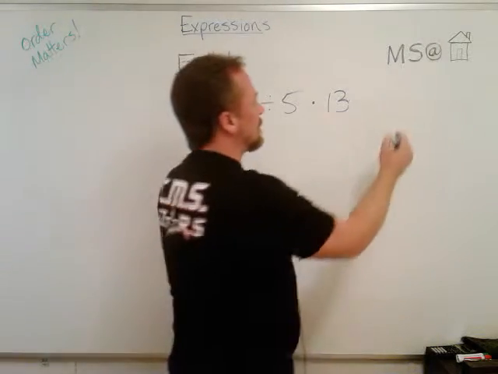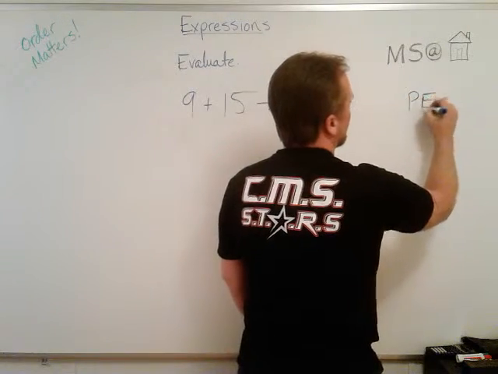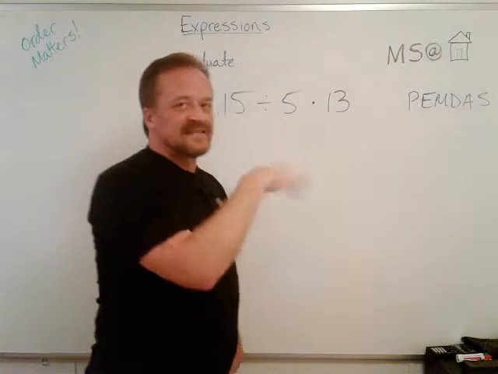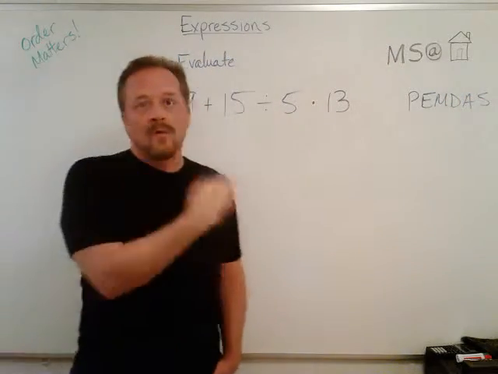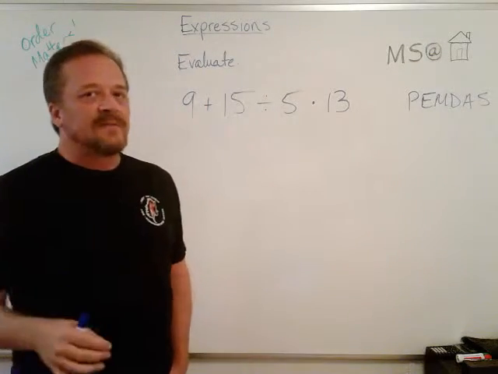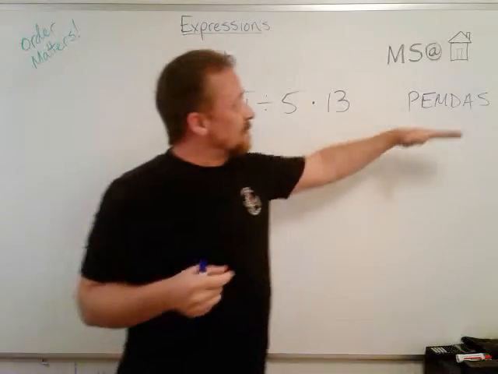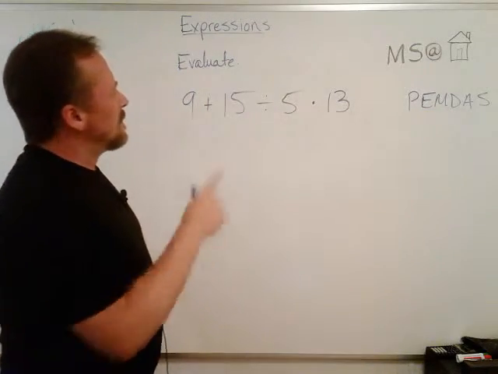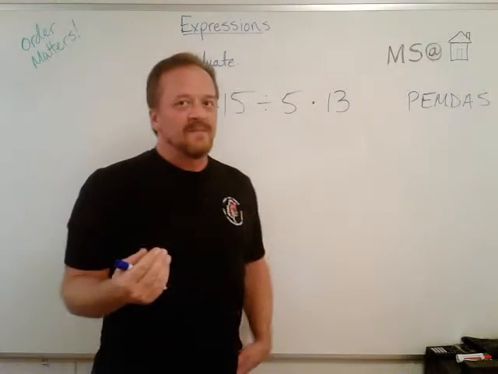I'm gonna make my little PEMDAS mnemonic over here, but I'm not gonna spell out what everything means. Sometimes it's just a good little tool to have off to the side to remind you what order to do these in. Maybe it's something you want to take from your brain and put somewhere just so you can look at it, you know? So P stands for parentheses.